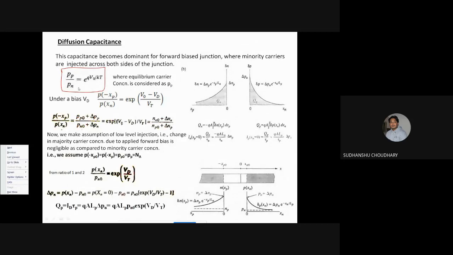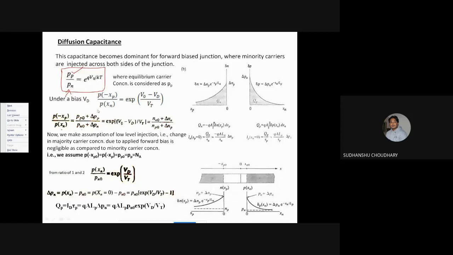Now this PP is holes in P type, which is obviously the majority carrier, and this Pn is the minority carrier, that is, holes in N type. So PP and Pn can be written from here. PP means holes in P type, the majority carrier, so one can write P of minus XP, that is, in the region 0 to XP.